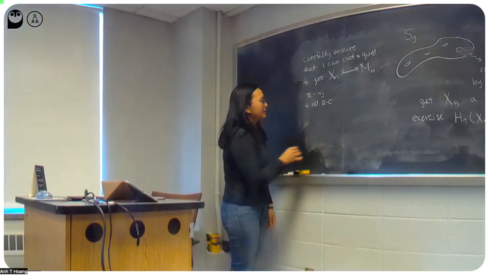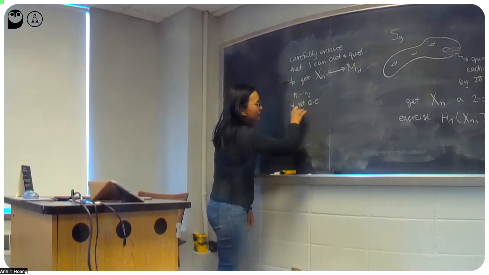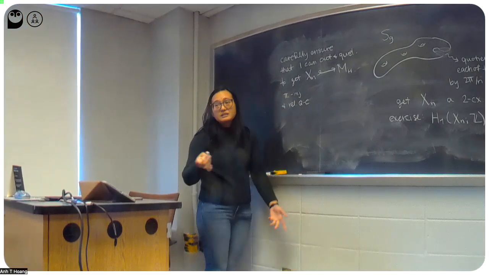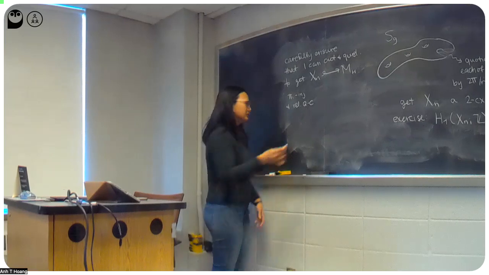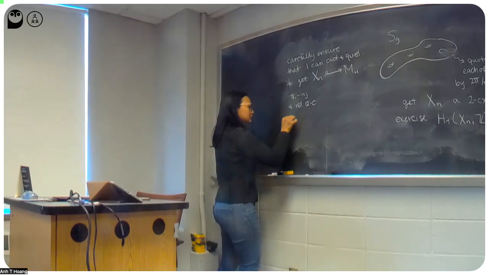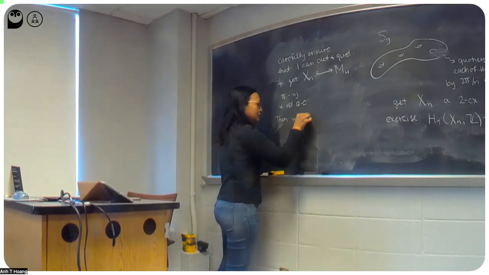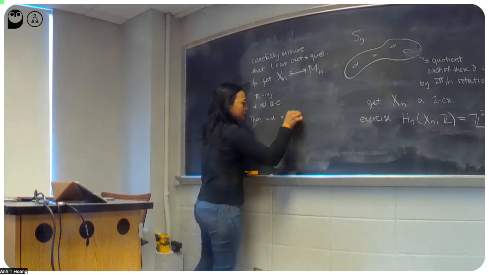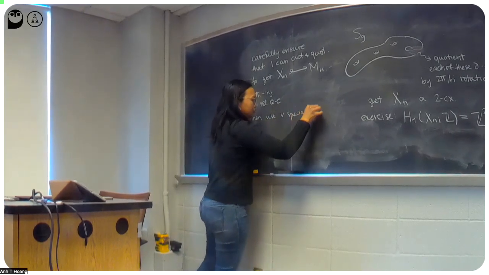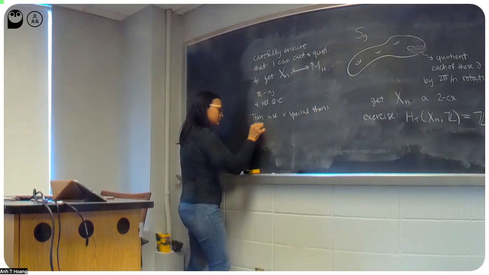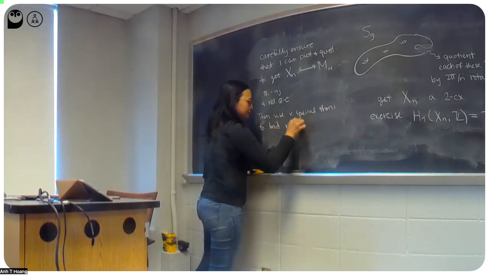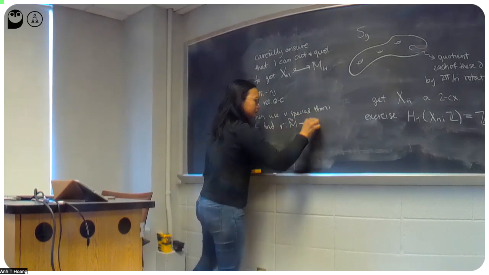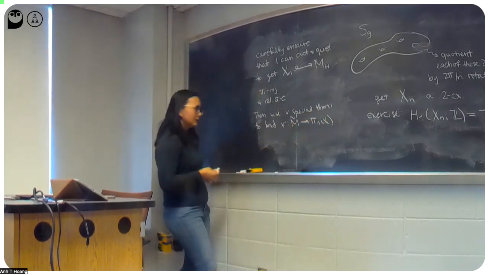So now that I have this, because I have this subgroup as being relatively quasi-convex, that means that I can use these virtually special theorems to find a retraction like this.